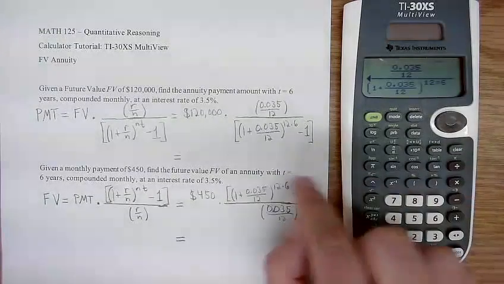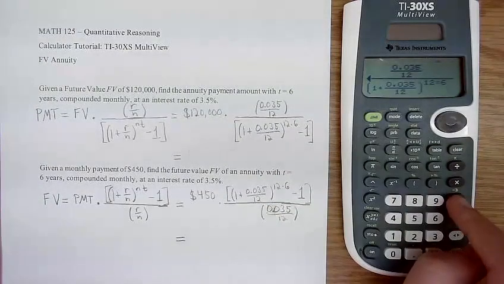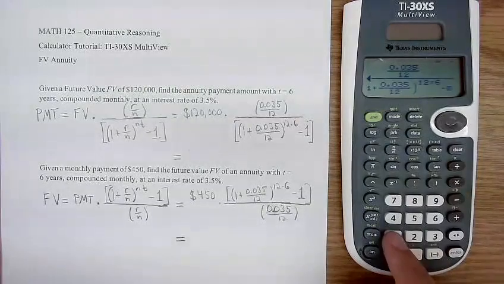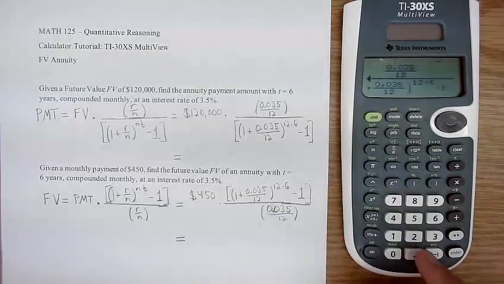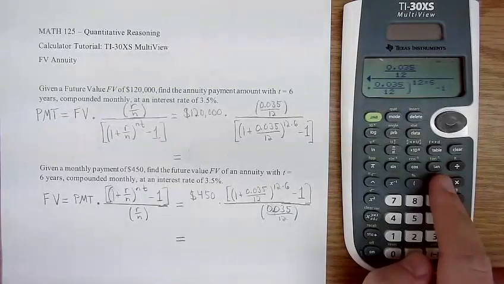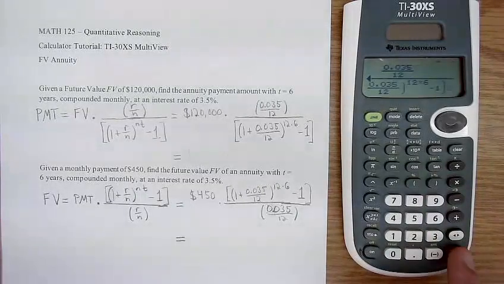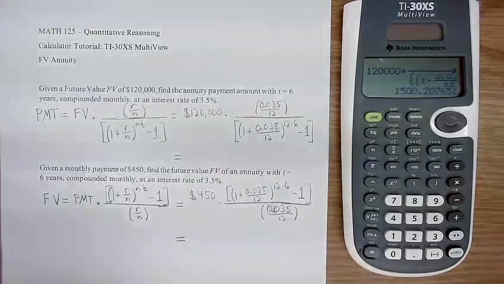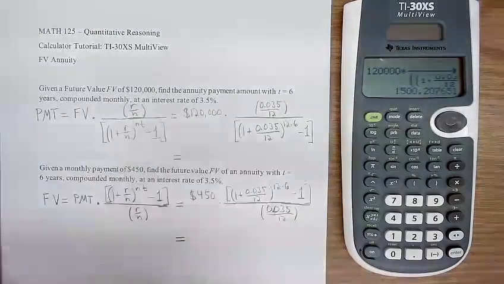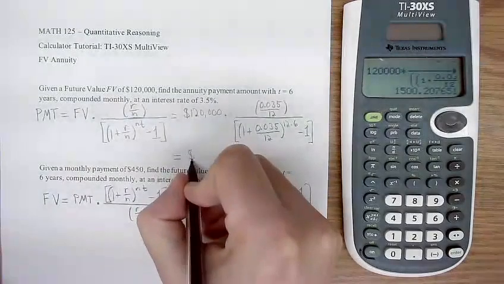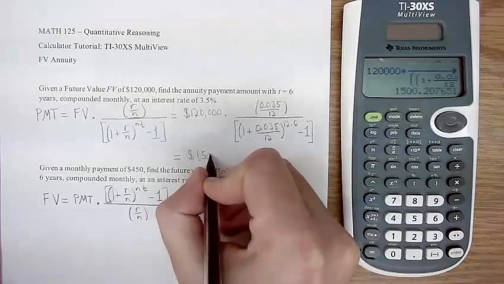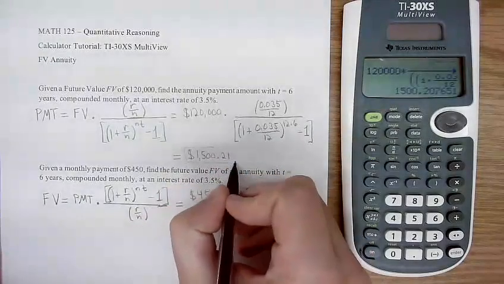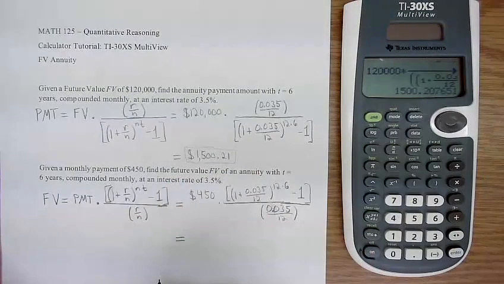So now I'm back down in the denominator, and I'll hit my minus sign so I can subtract off 1. Once I've done that, I'll put my last parenthesis, and I'll go ahead and hit enter. So I see I get a payment of $1,500 and 21 cents when rounded. So I always round to the nearest cent.